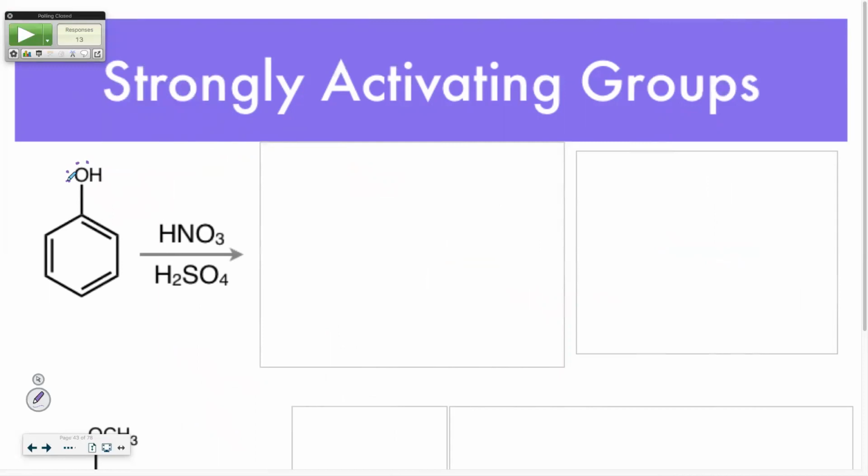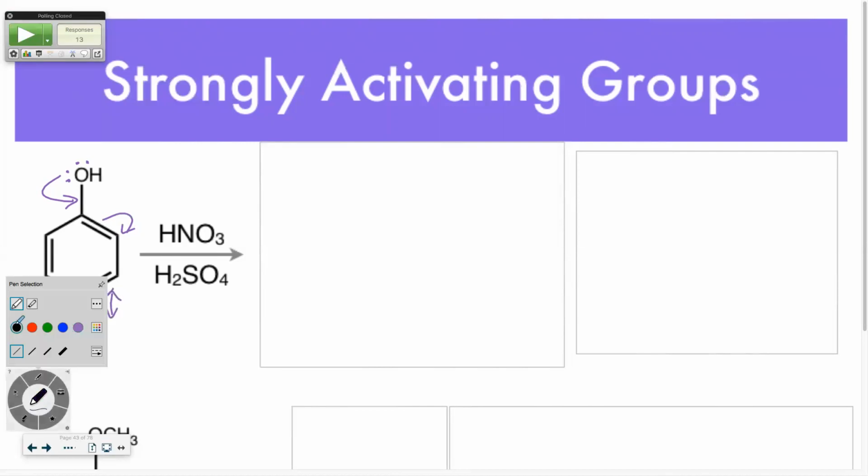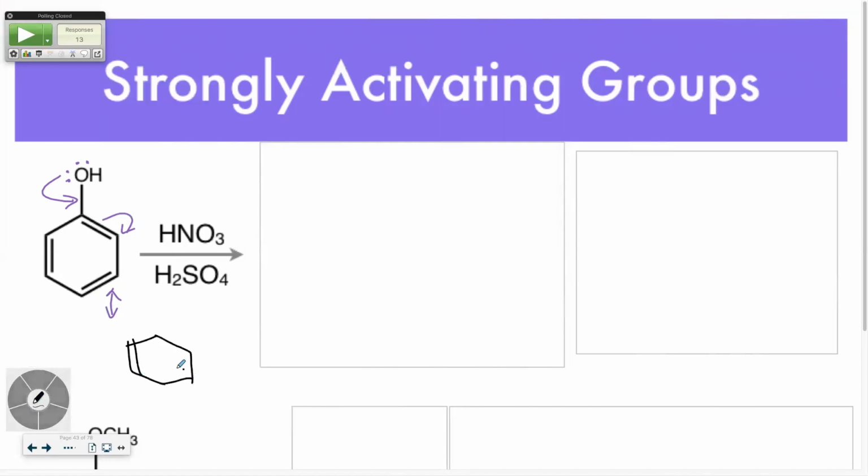Okay, so you can draw resonance forms for this. Okay, what is that going to look like? Here, I'll write it in black and then I'll write what changed in purple. I'm going to put that H there.